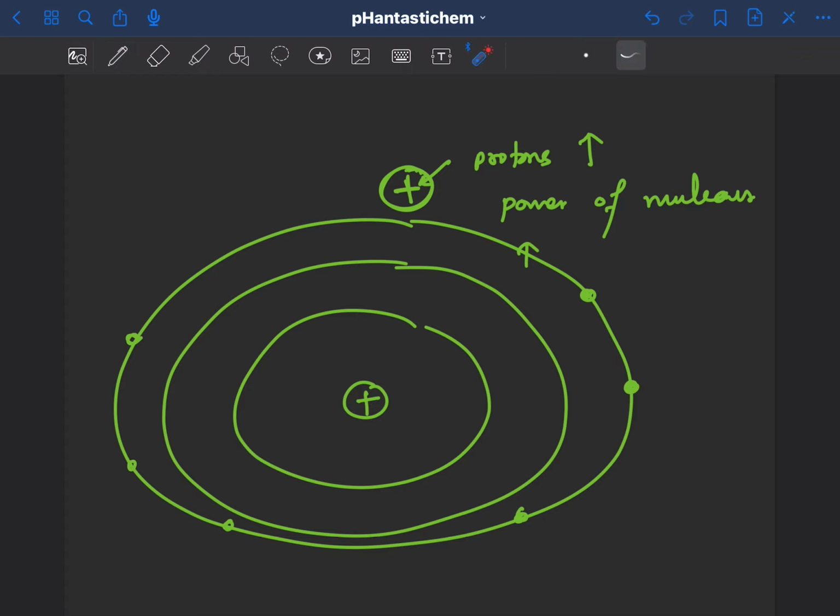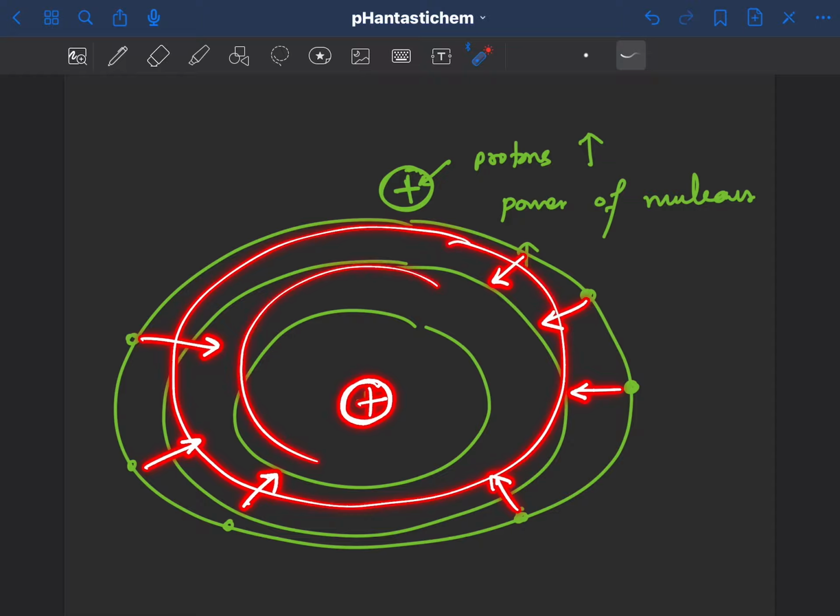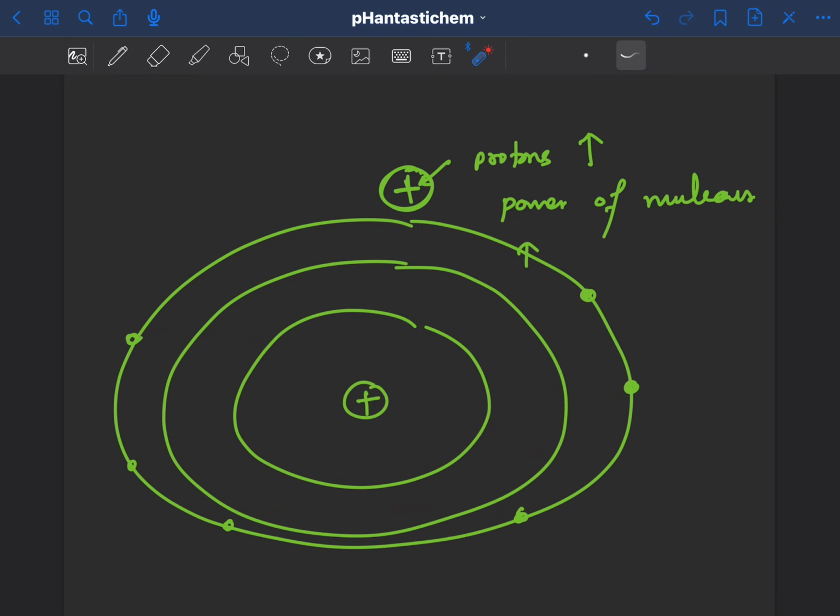So the nucleus will pull these electrons even more tightly, because as we go along the period the number of protons is increasing, due to which the size reduces as we go from left to right. It makes the individual shell smaller and smaller, and therefore the atomic radius decreases from left to right in a period.